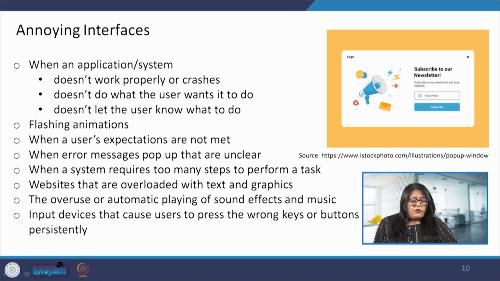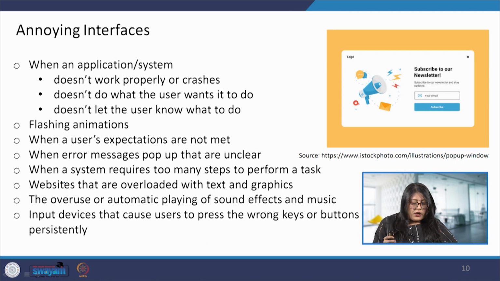One is when an application or a system doesn't work properly or it crashes. Of course, a lot of time goes to waste. If we are working on something, we may have difficulty recovering it and many other issues. Another is when the system doesn't do what the user wants it to do, and it doesn't tell the user what he needs to do. So, the user is left confused and without any direction to move along.